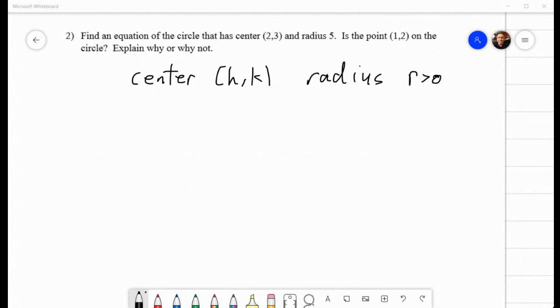Let me fix that. There we go. So if r is a positive number, an equation for that circle is x minus h squared plus y minus k squared is r squared.